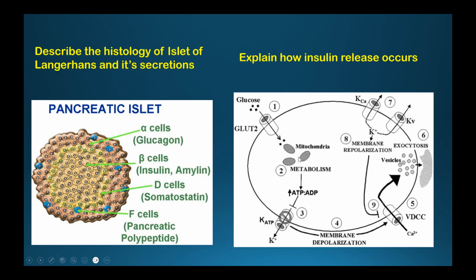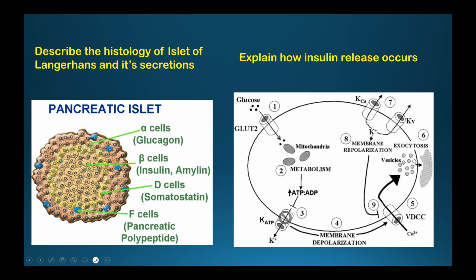Once it goes in, it is metabolized and it increases the ATP, which closes the ATP-sensitive potassium channel. So potassium cannot go out, and that is step number 3. So there is a membrane depolarization. Internal negativity comes down, and that opens the voltage dependent calcium channels.